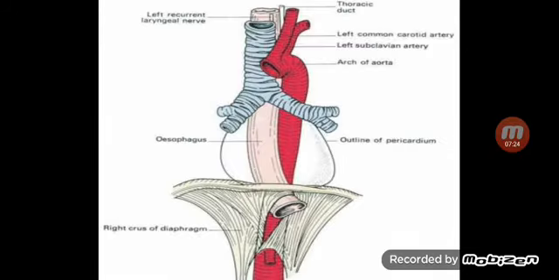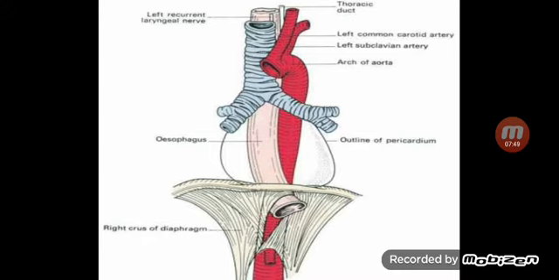The esophagus. The esophagus is a muscular tube. If you look at the slide, this light pink color points to the esophagus. It is a muscular tube, 25 centimeters in length. It lies in the midline.